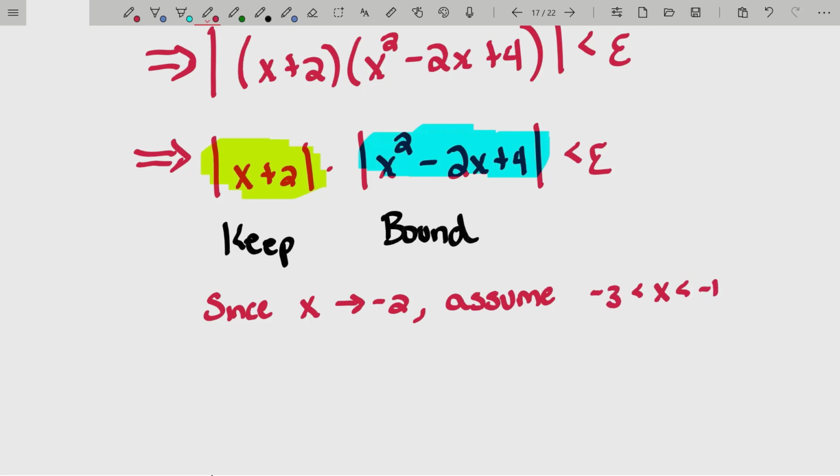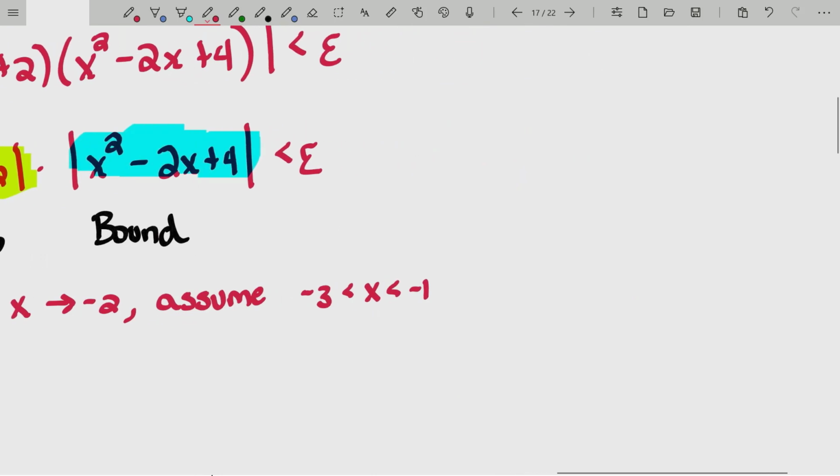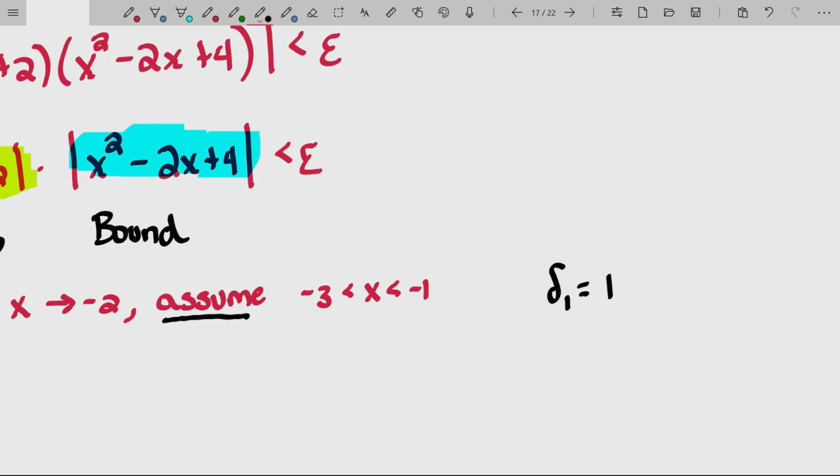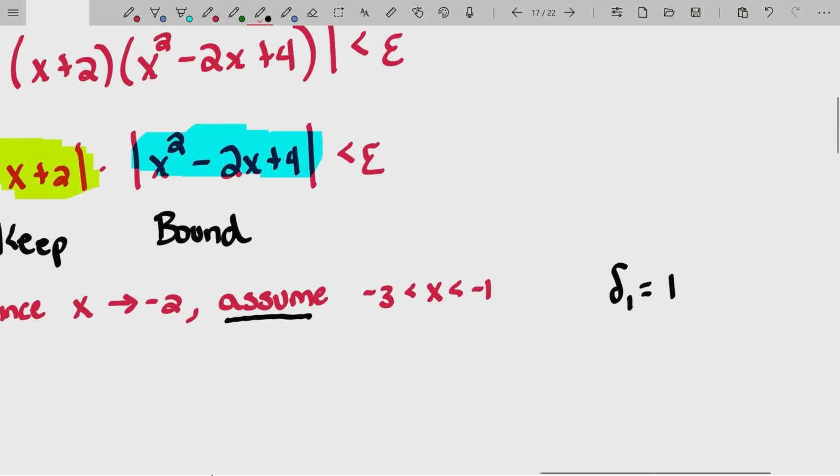It's between -3 and -1. Now off to the side here, I make a note to myself because I use that word assume. That means I've made an assumption about delta. I've made the assumption that delta is probably a size of 1. I've created a delta neighborhood of size 1 with that assumption.